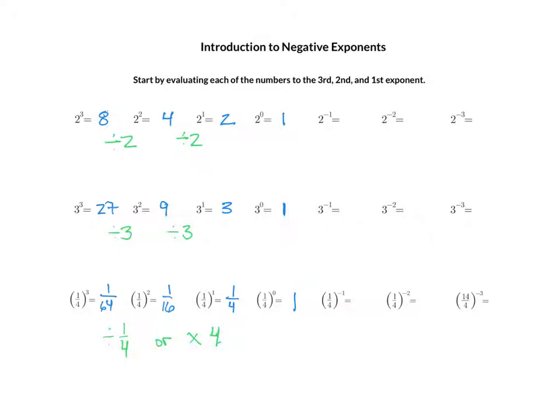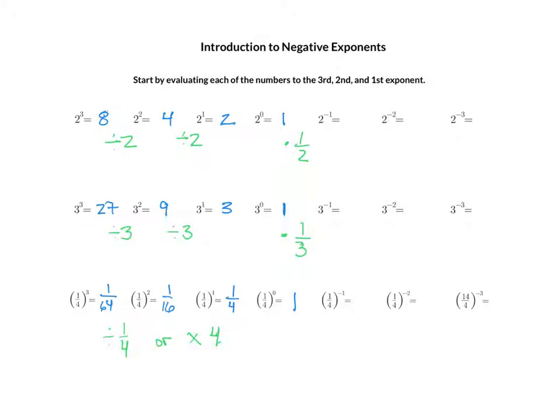We can continue these same patterns to get our negative exponents. So if we continue the pattern for the top, dividing by 2, you can also think of that as multiplying by 1/2. And dividing by 3 is the same thing as multiplying by 1/3.